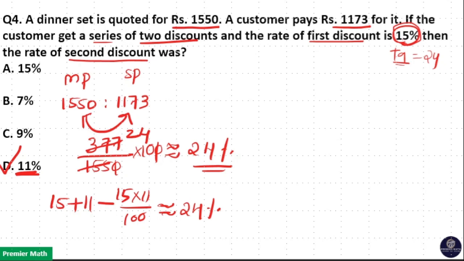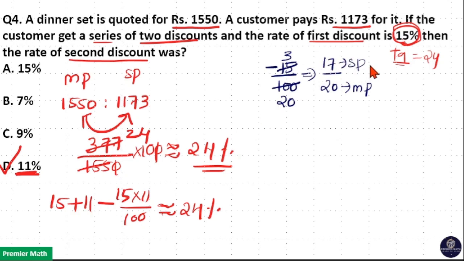Now you can calculate this question by a different method as well. Here the first discount is 15%. 15% discount means minus 15 by 100. Now this means that 5 goes 3 times in 15, and 5 goes 20 times in 100. Now minus 3 by 20 means that if 20 is the marked price, then 20 minus 3, 17 is the selling price.